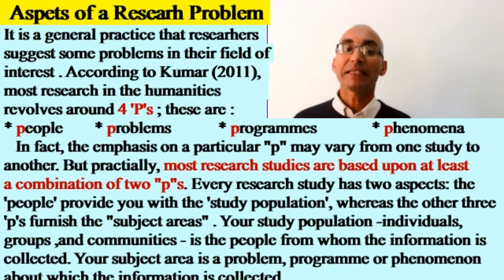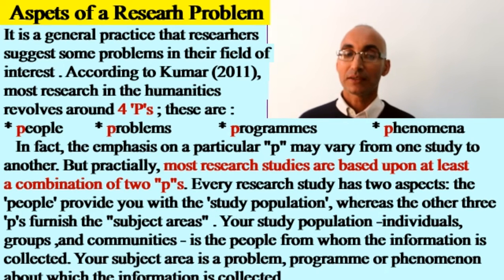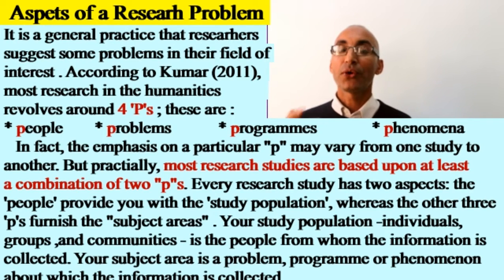Now, in humanities, mainly, most research revolves around 4 P's, right? 4 P's. These P's represent key elements which act as major sources for a problem in the field of humanities. These are also highlighted by Kumar, clear, and these P's are: first P represents people, second problems, third programs, and fourth phenomena.